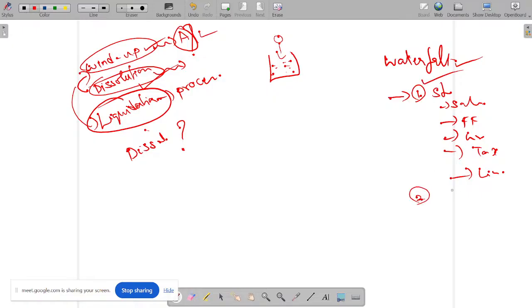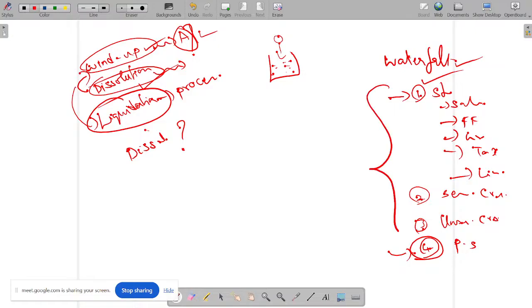Second, to whom? Secured creditors. Third, the unsecured creditors. Then the preference shareholders. This is the point we are discussing here. The preference share capital is preferred during wind up, which means all of these three levels are paid first.